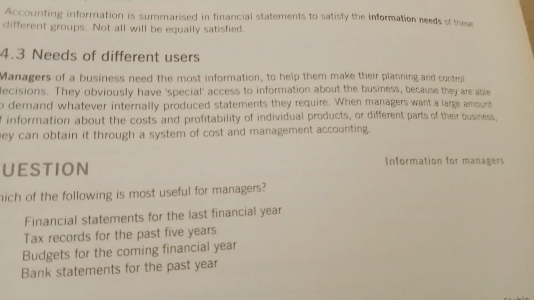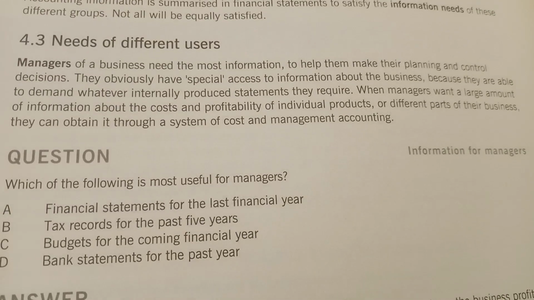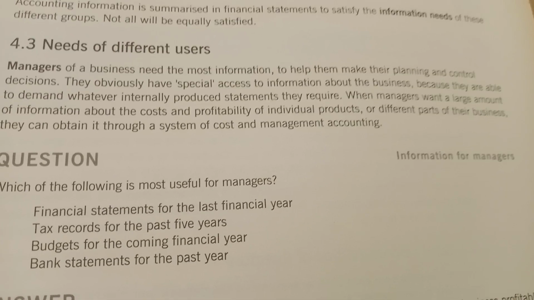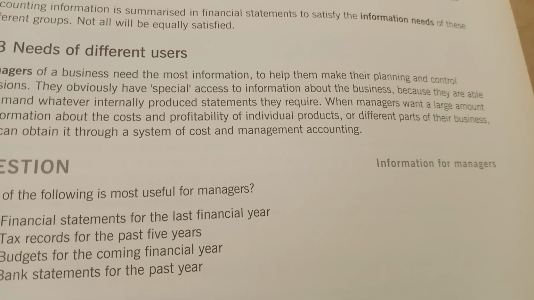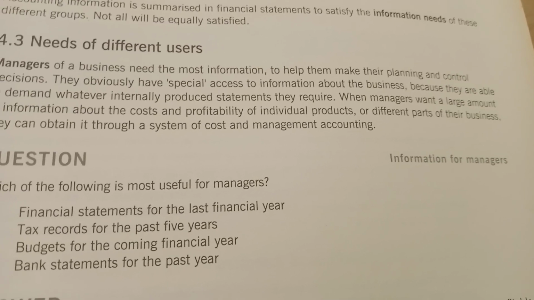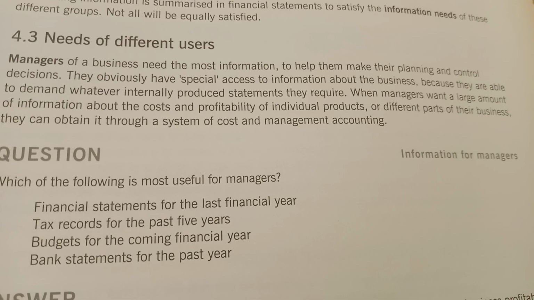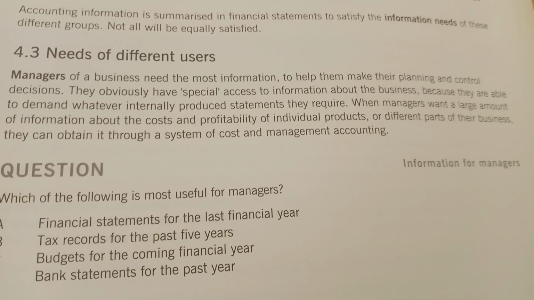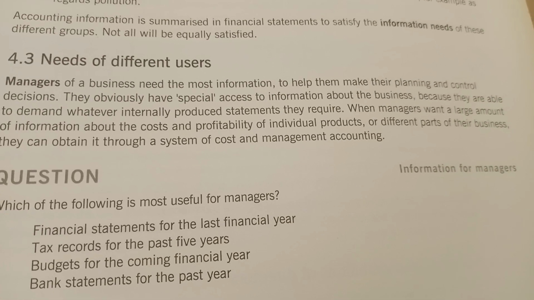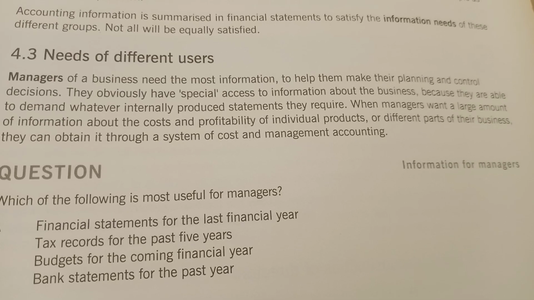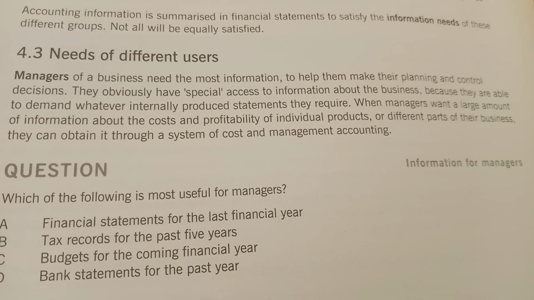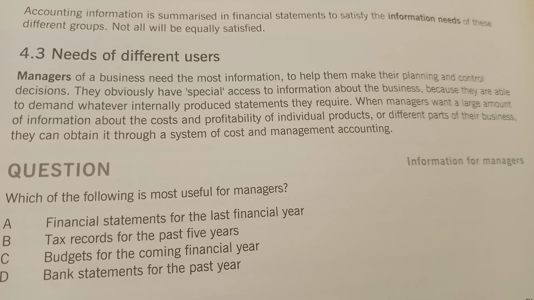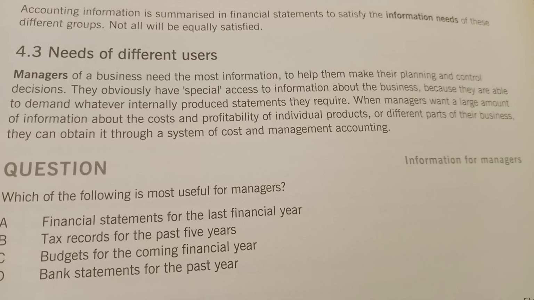So when we come to the manager, we say the managers of the company need the most important information. Why do they need it? They need it to help them make their planning and control decisions. They obviously have special access to information about the business because they are able to demand whatever internally produced statement they require.